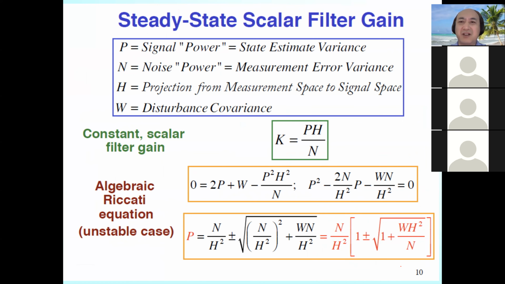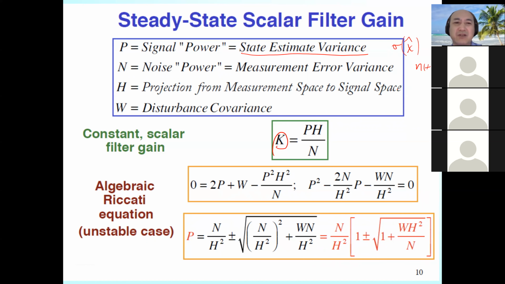So, steady-state scalar filter gain. There are some questions about it. How do you choose this gain K? So let's define something. Signal power is the state estimate variance, the X hat variance. Noise power is the variance of the noise N(t).